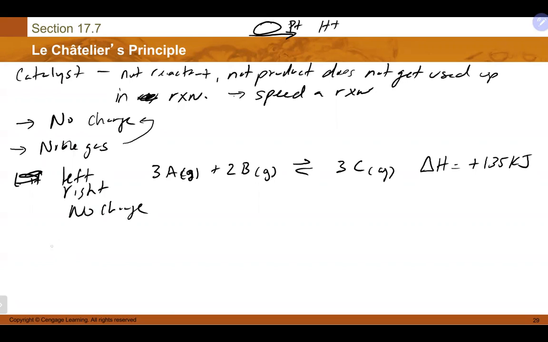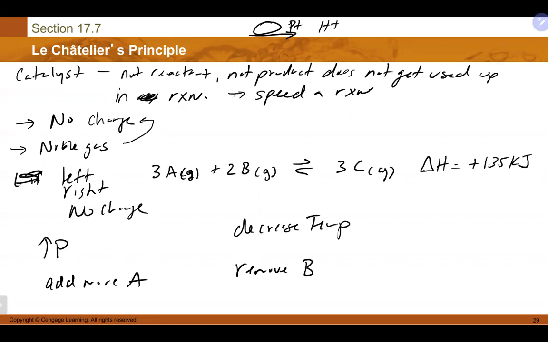If I increase the pressure, if I add more A, if I decrease the temperature, if I remove B, if I increase the volume, and let's just say I added a catalyst. All right, so for each of these, should it go left, should it go right, or will there be no change? See what you come up with here.